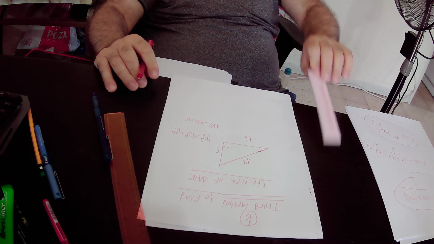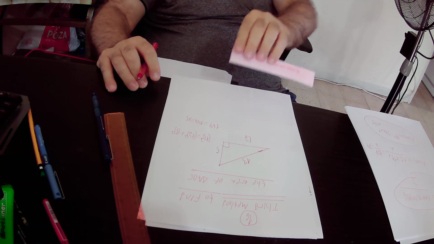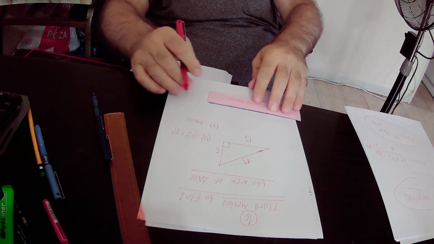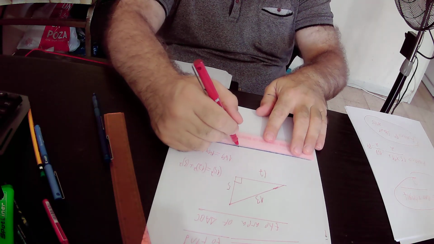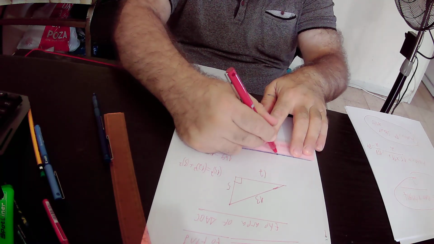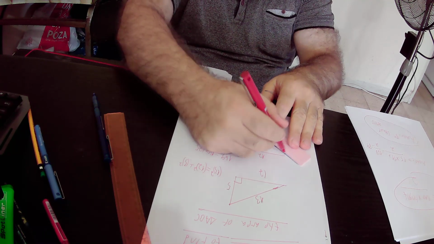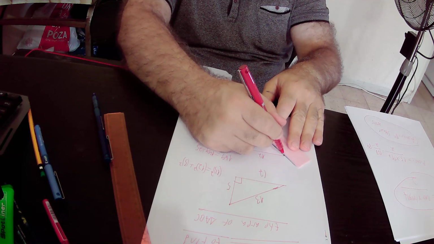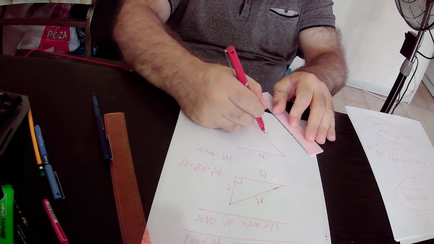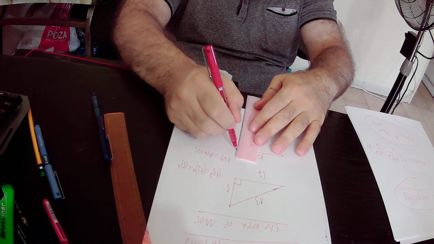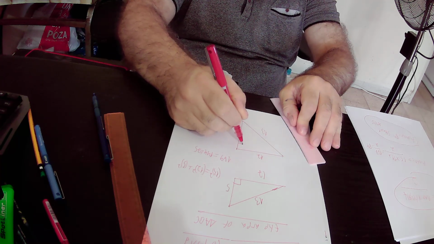So the second part of triangle ABC is the following right triangle. It has a side of 12 units, then it has the hypotenuse that is 13 units, and also it has a side that is 9 units, and this is a right angle.